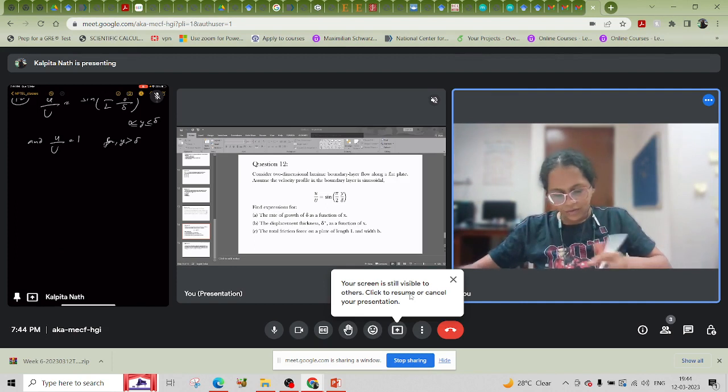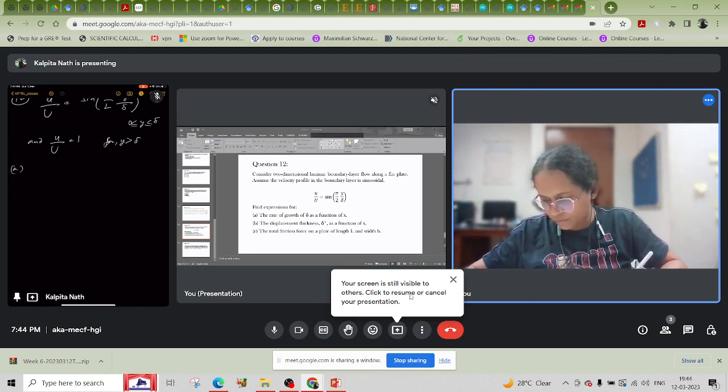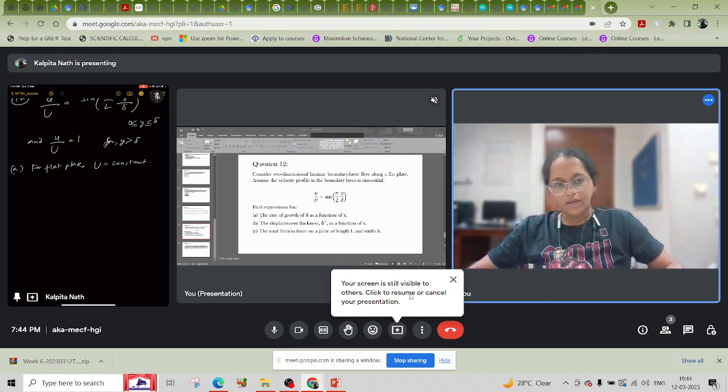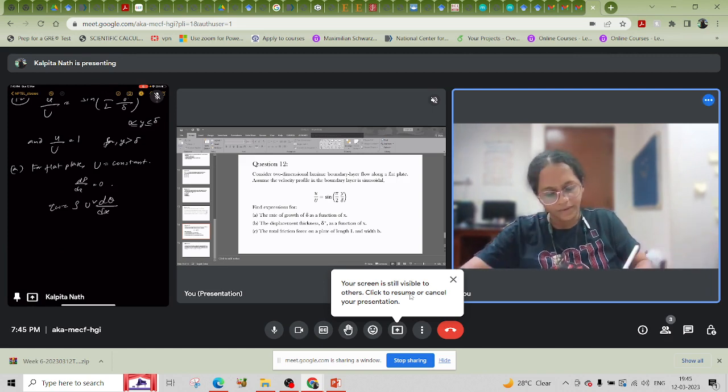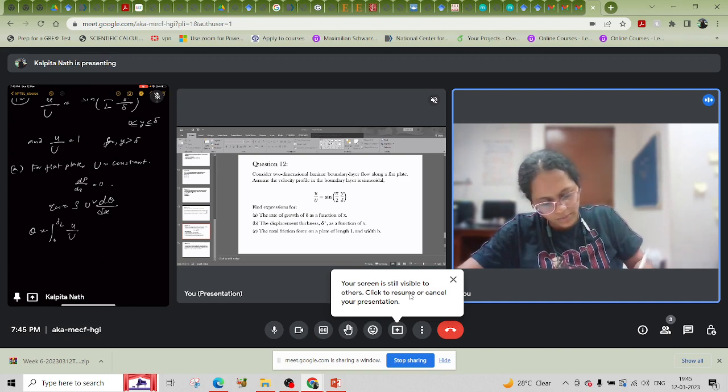Number 1, for a flat plate U is equal to constant and dp dx is equal to 0, and tau w is equal to rho U square d theta by dx, where theta is the integral from 0 to delta of small u by capital U into 1 minus small u by capital U dy.